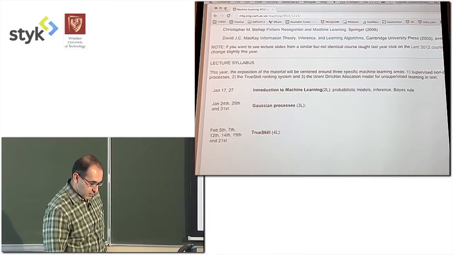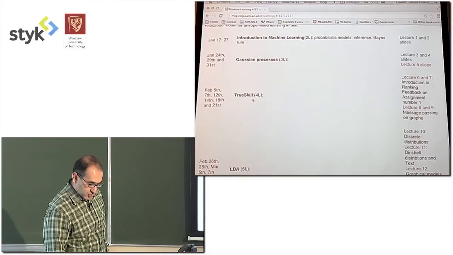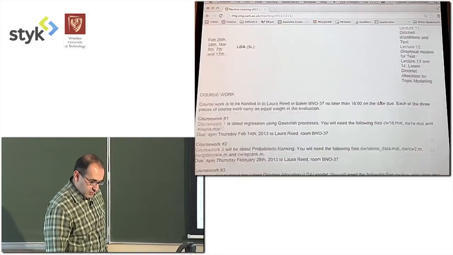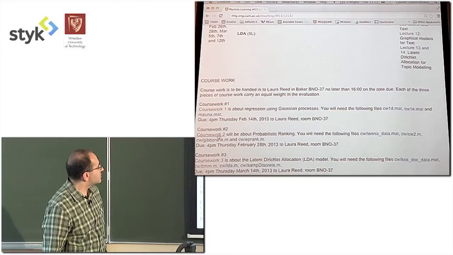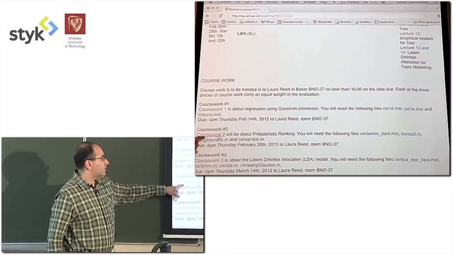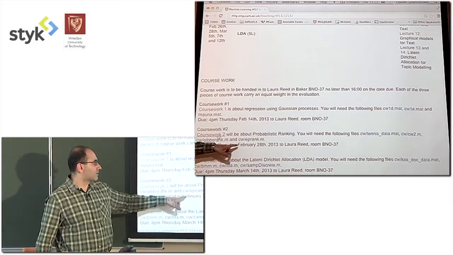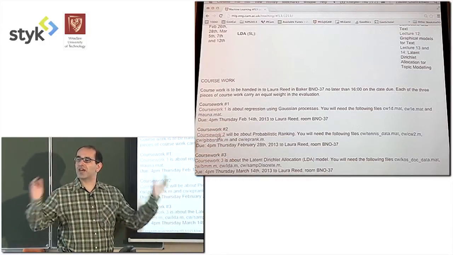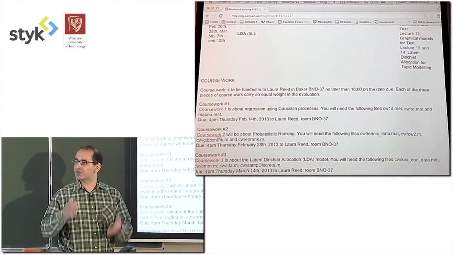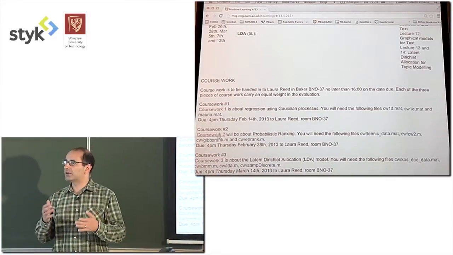In terms of this TrueScale ranking model, we actually have some coursework that you can download, and it has the data and some files in MATLAB. And this has all the results of all those tennis games so that you can actually play with it yourself. Maybe get together in groups if you want and try it out.